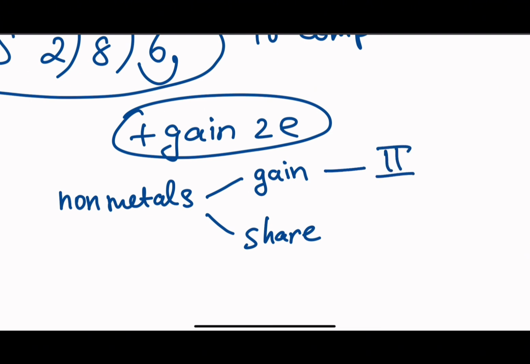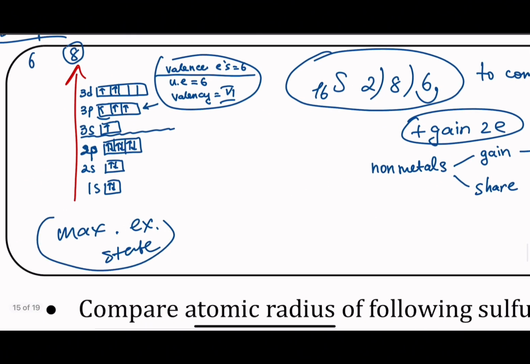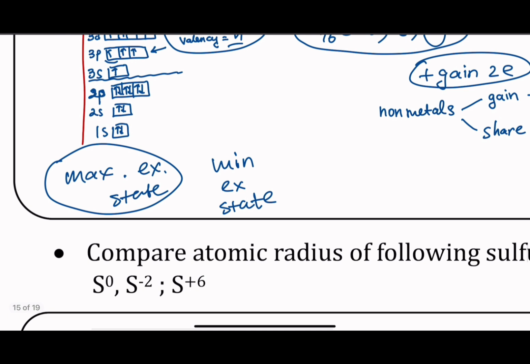Okay? But as you saw in maximum and minimum excited state, we had the valency of maximum, which is 6, and minimum excited state is 4, right?